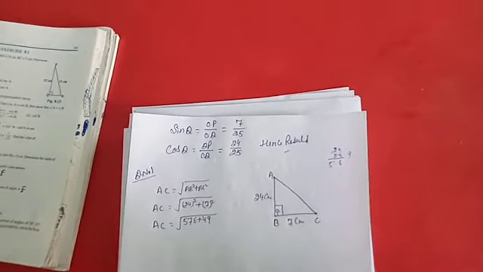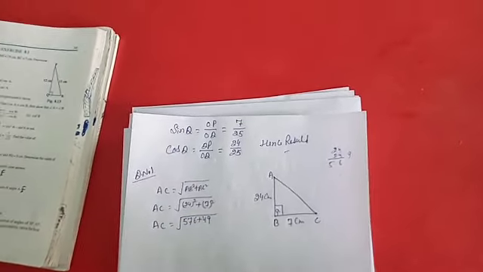Understood? How much does this become? 625. So AC is equal to plus minus 25, but length is always positive. This implies AC equal to 25. So easily you can solve.